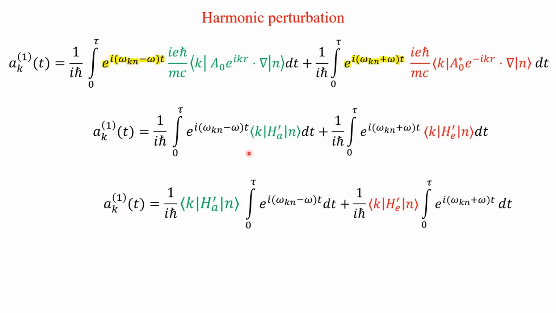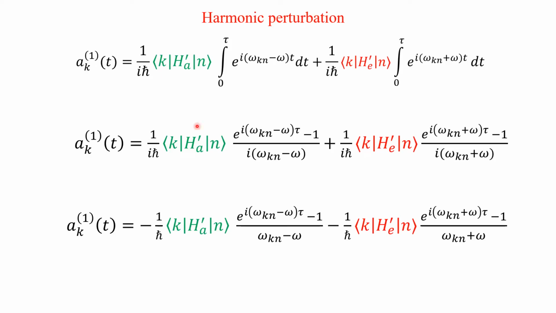So I am going to take out this green color product and this red color product outside the integral. I am going to differentiate only the exponent term, which explicitly depends on the time. Finally, we end up with this expression. Now our task is to carry out the integral.